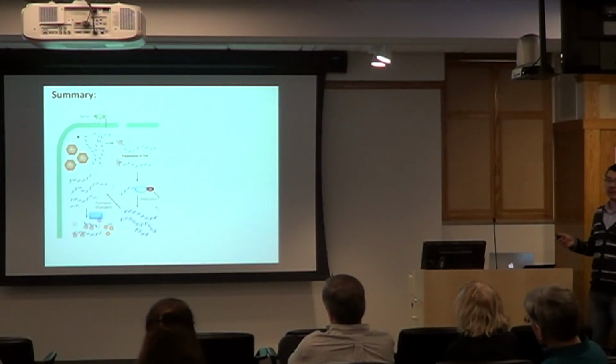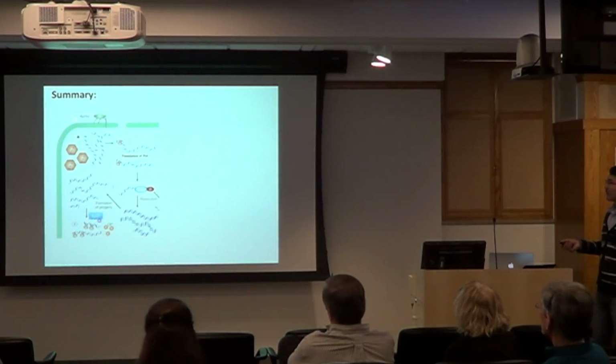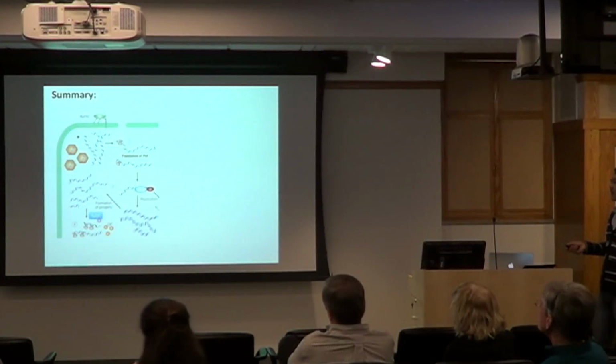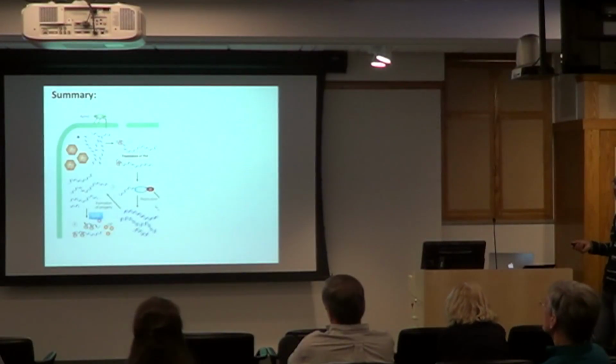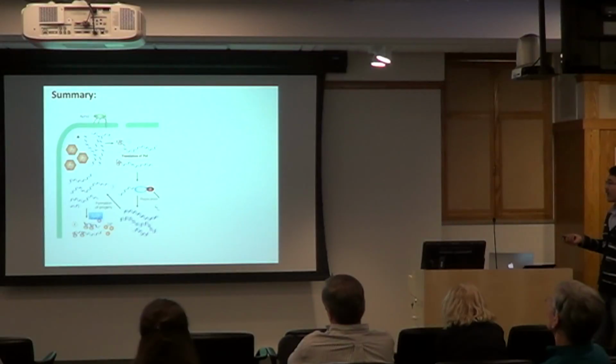Here is the whole summary of my talk. After the leafroll virus gets inoculated into the plant cell, firstly it has to translate the replication-associated protein and make the virus replicate. Also, it will produce some proteins such as CP and MP.